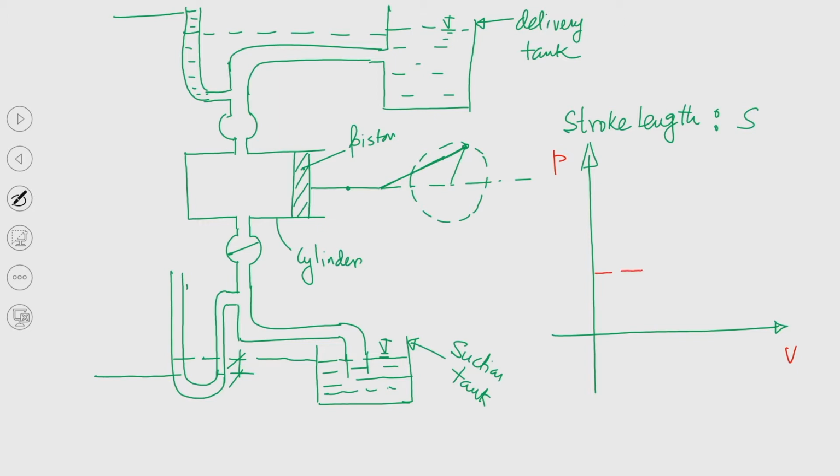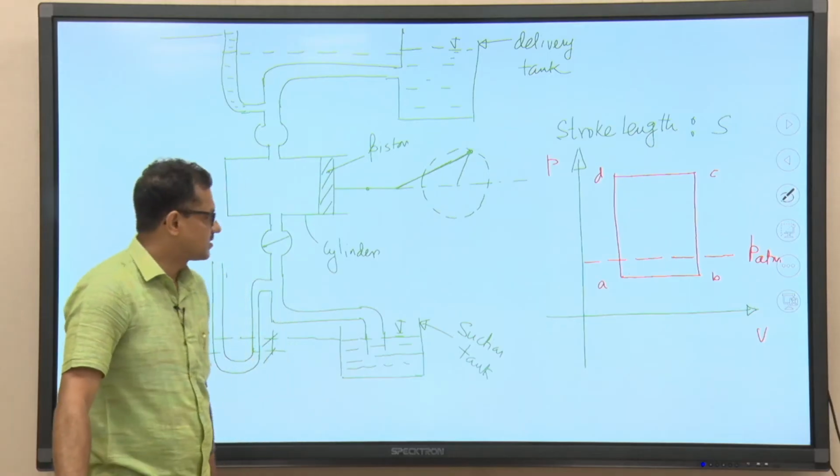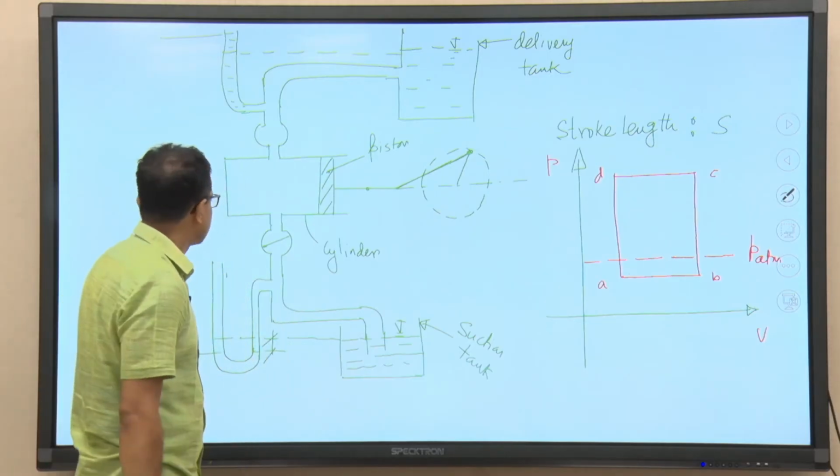This is constant pressure, say this is P ATM, and this is A, this is B, this is C, this is D. This is the simplified indicator diagram that we discussed in the previous class. So, let us briefly discuss it again.